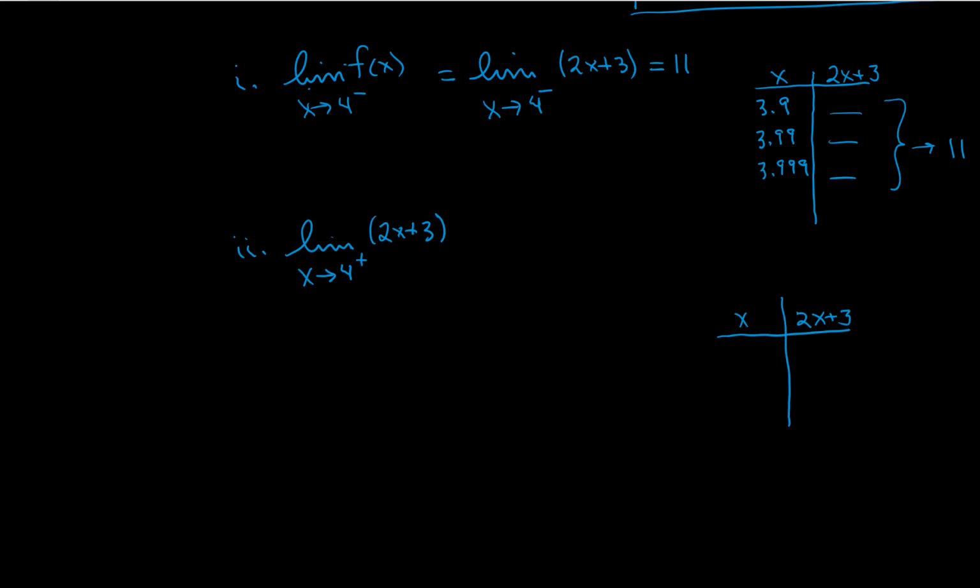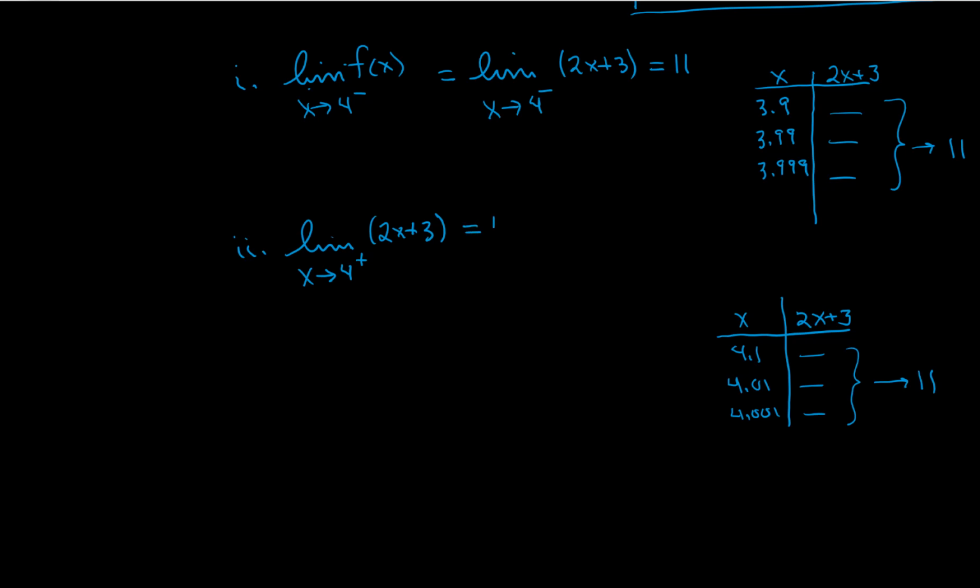And now, remember, we're approaching 4 from the right-hand side, so that's going to be things like 4.1, 4.01, 4.001. And you'll notice that as the calculator returns values for these, as you enter values of x that are closer to 4, the output is approaching 4 as well.